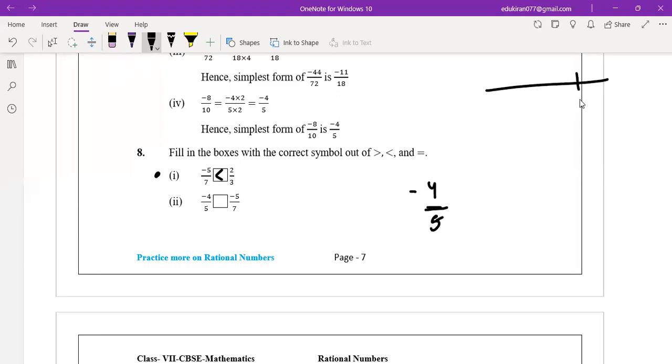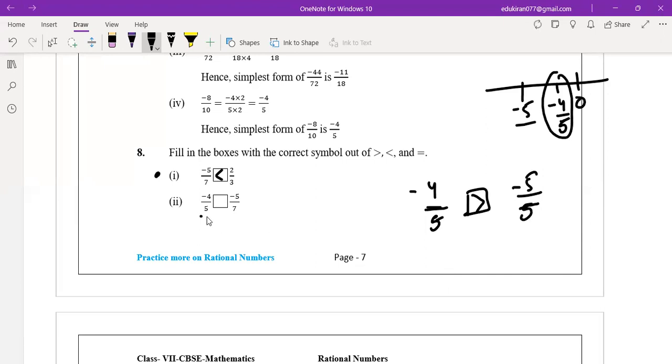For example, on the number line, 0 is here, then first minus 4 upon 5 will come and then negative 5 will come. So definitely this one is greater according to Sindhu, and she is correct. But in case the question is like this with the same denominator, this one will be greater. Clear?